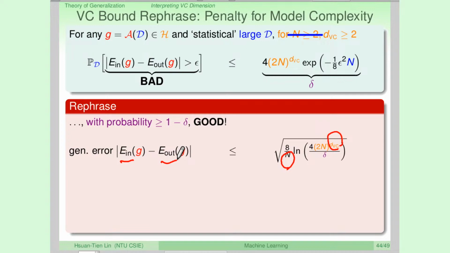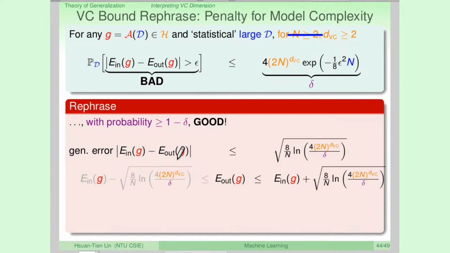This is called the generalization bound, and it tells us that E-out is less than or equal to E-in plus this price that we're paying in addition to E-in.